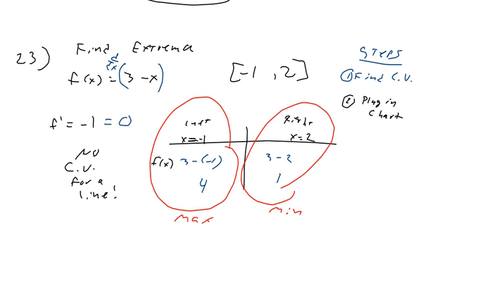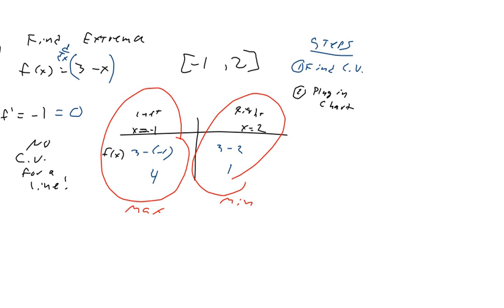The left side's the max, because if we look at this graph, 3 minus x, it's going to look like this. From -1 up to 4 and over to 2 where it's at 1.